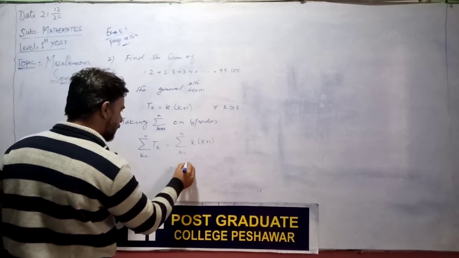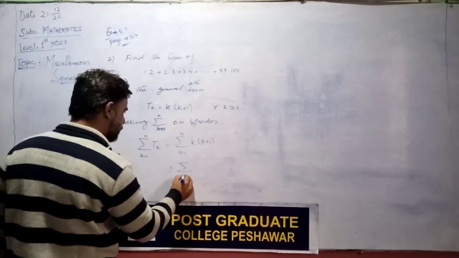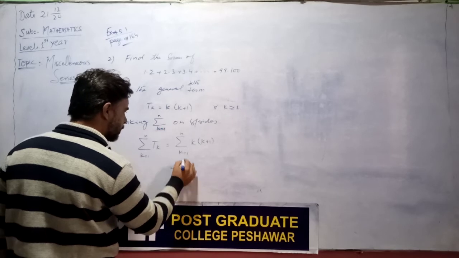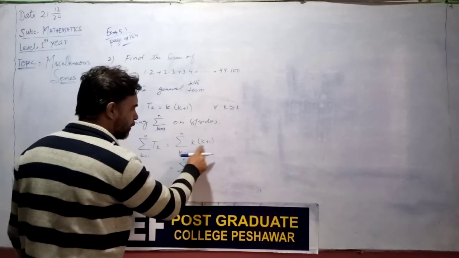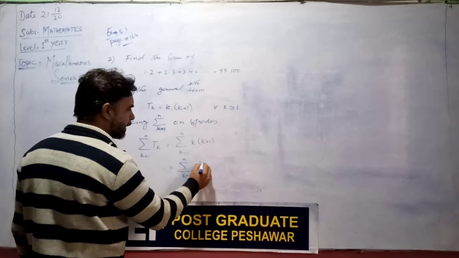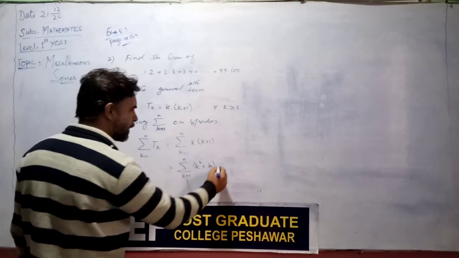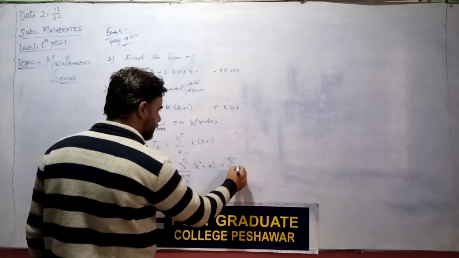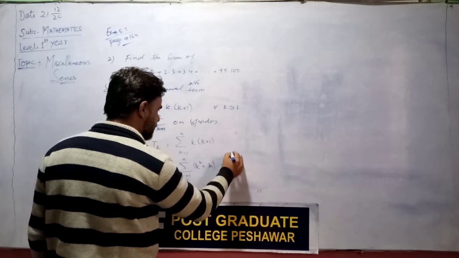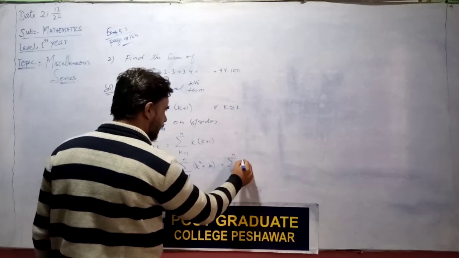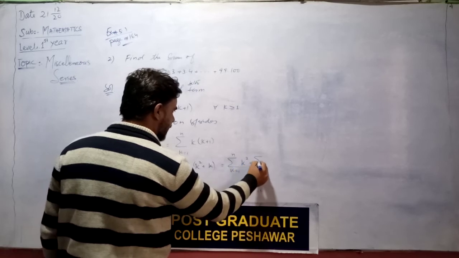Next we are just doing basic mathematics. K multiplied with k becomes k square, and k multiplied with 1 becomes k. Now applying summation, it can be written separately as the summation of k square plus the summation of k, k from 1 to n.